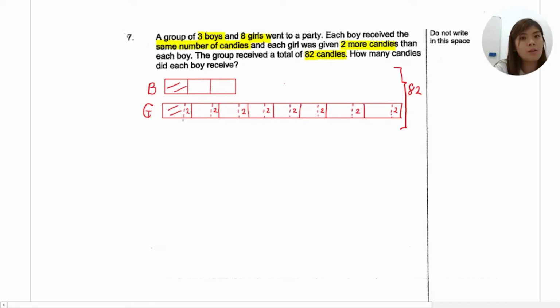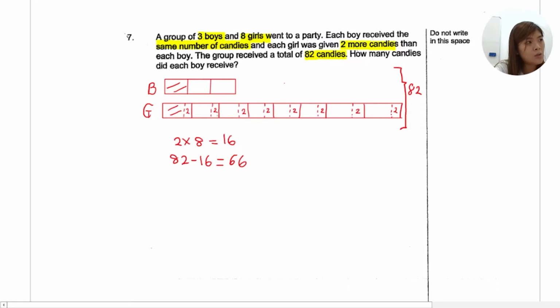So what we need to do is remove all these excess 2. In total we have 8 of these 2, so we take 2 times 8, 16. We remove this 16 and what we get is 66.